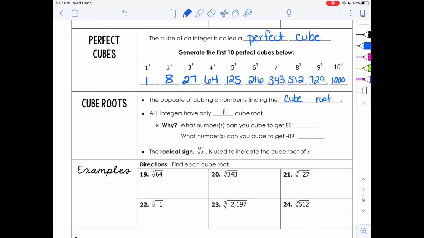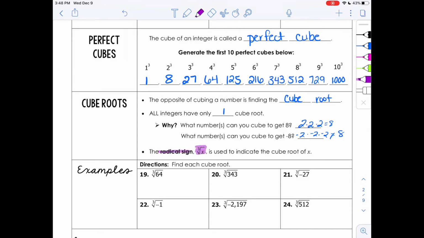That's because if you're thinking about the cube root of 8, 2 times 2 times 2 equals 8, but negative 2 times negative 2 times negative 2 does not equal 8. It equals negative 8.